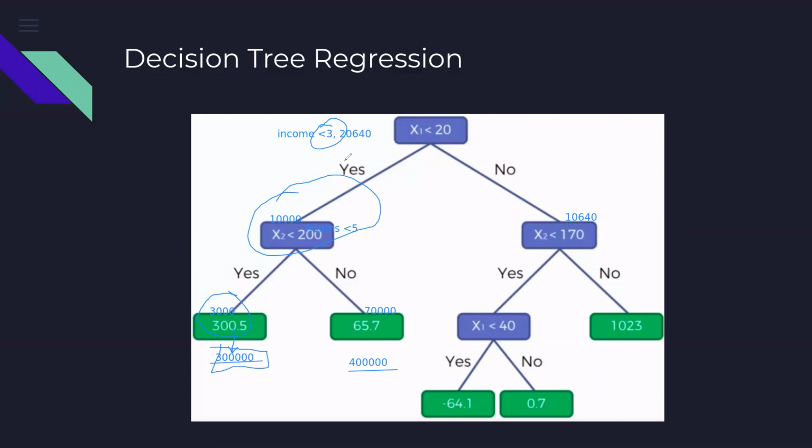I will draw a second decision tree where I could take the criteria as 4 and 6. So different combinations I could try, and the very purpose of trying with different combinations is that I would be able to find out which combination of the criteria is giving me the best result.